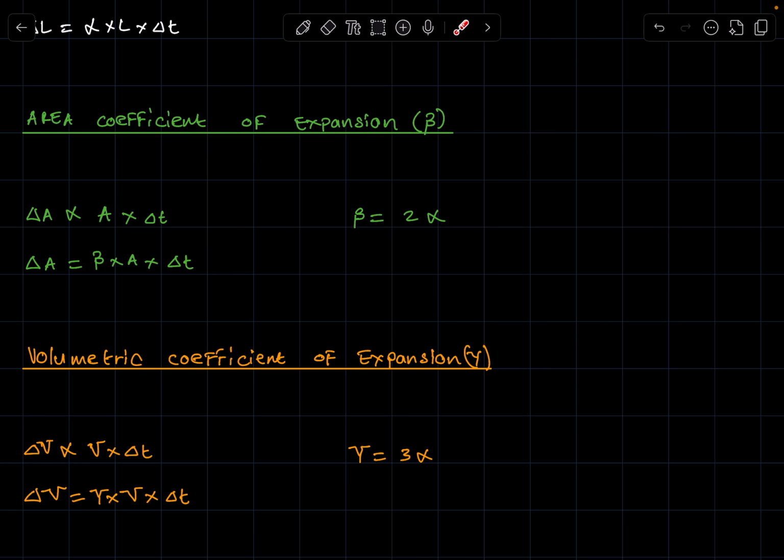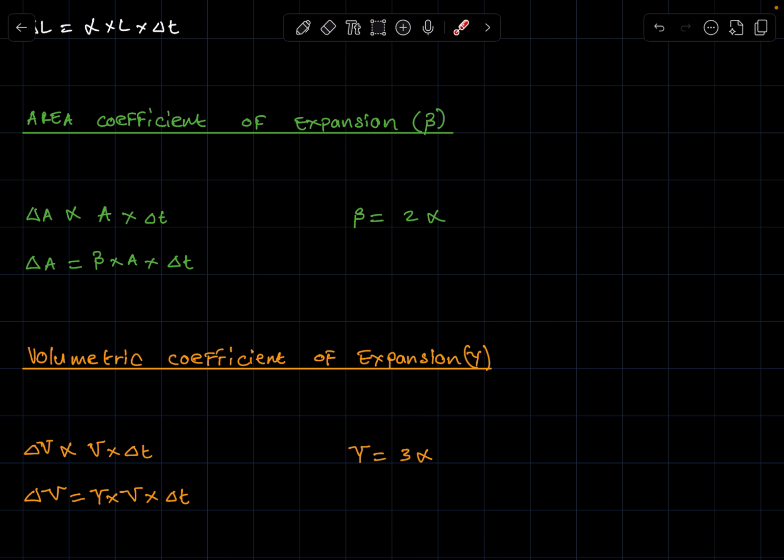Again, to get a mathematical expression out of this, we need to replace the proportionality sign with a constant, and that constant for area is the area coefficient of expansion, which is this beta.